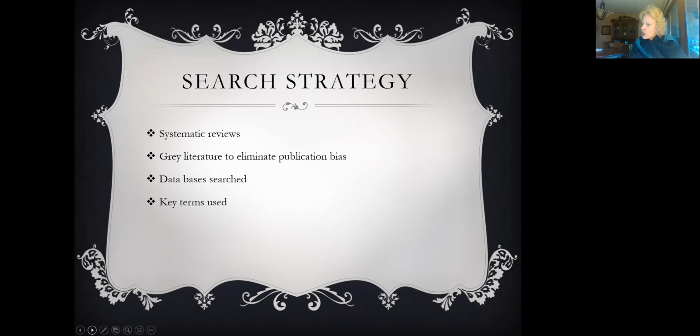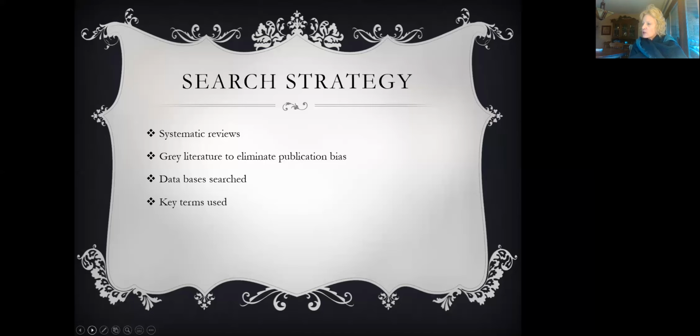You also want to include gray literature to eliminate the possibility of publication bias. So gray literature might be things that are presented at a conference but not yet published. They may be things that you hear about that colleagues are doing in your institution, but they haven't been written up.